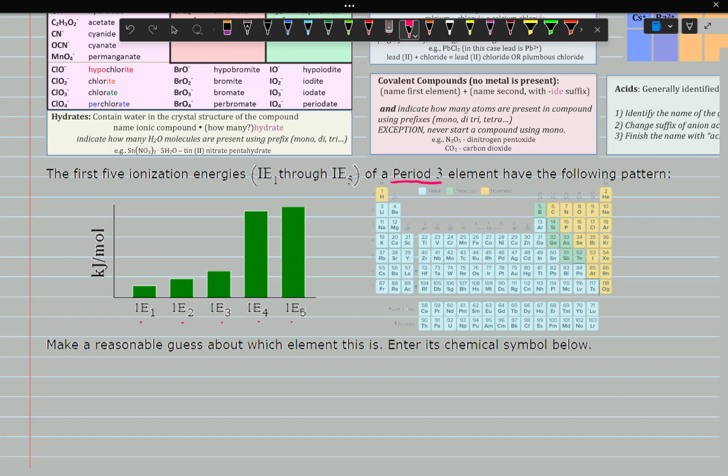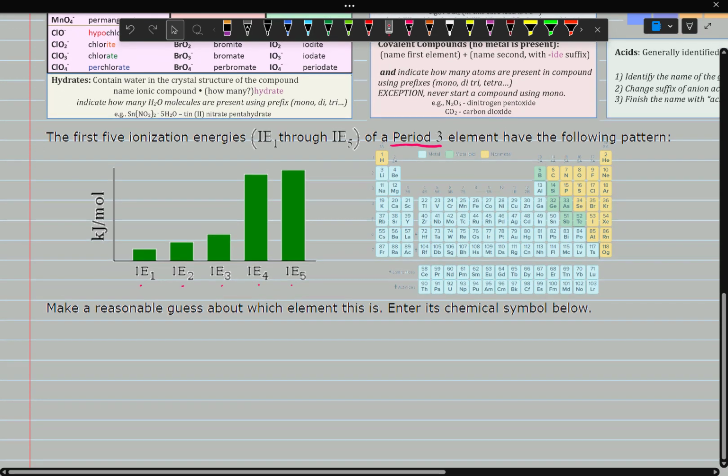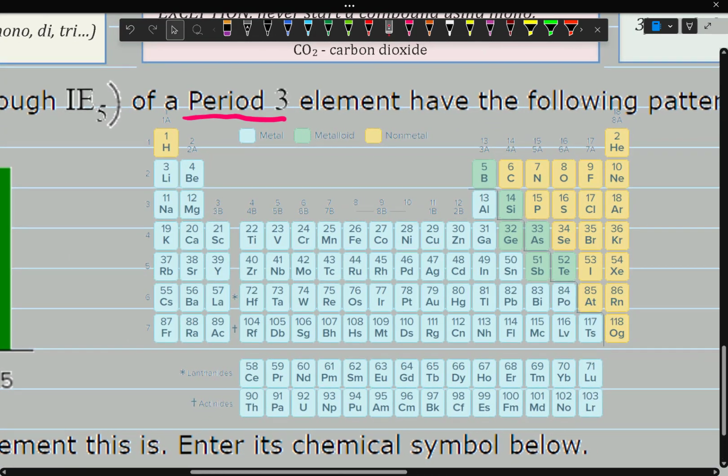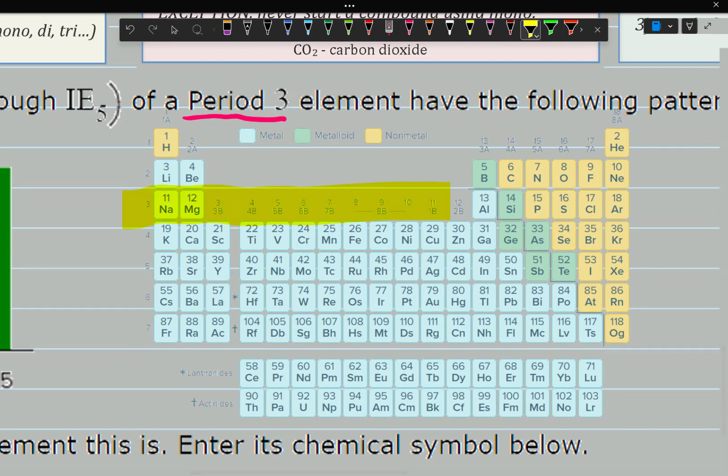So we're given a couple different hints. Our first hint is that it's a period 3 element. So that means if we look at a periodic table, our element is going to be in period 3.